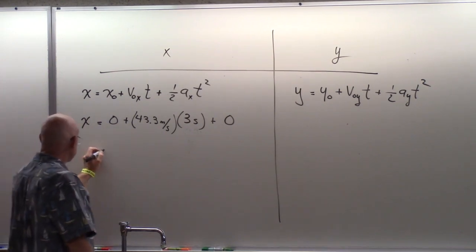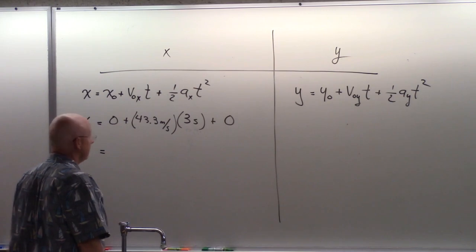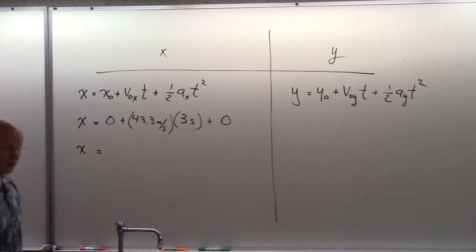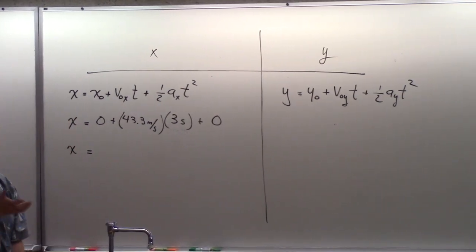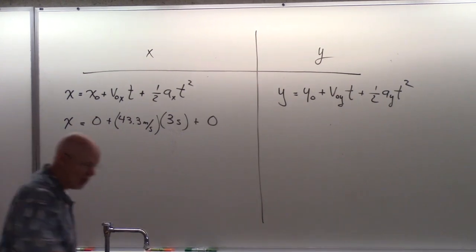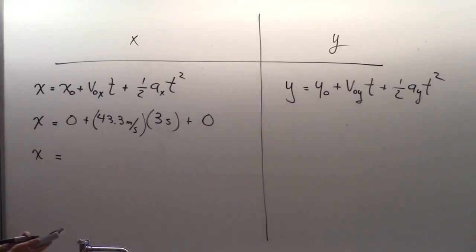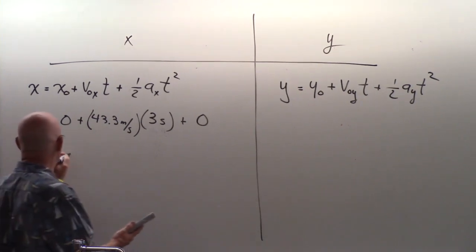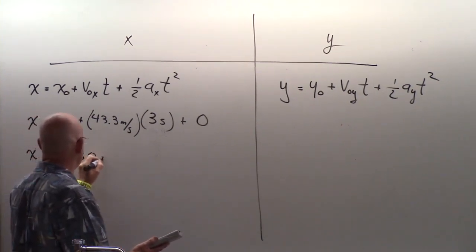Now, this alone answers half the question, because it says, where does it hit the target? What are the x and y coordinates? So, grabbing my calculator, I put 43.3 multiplied by 3, and I get about 130 meters.